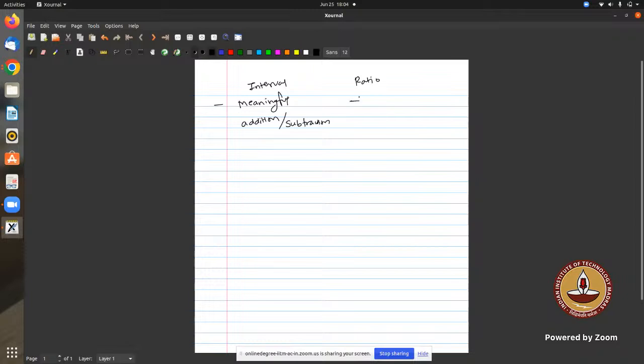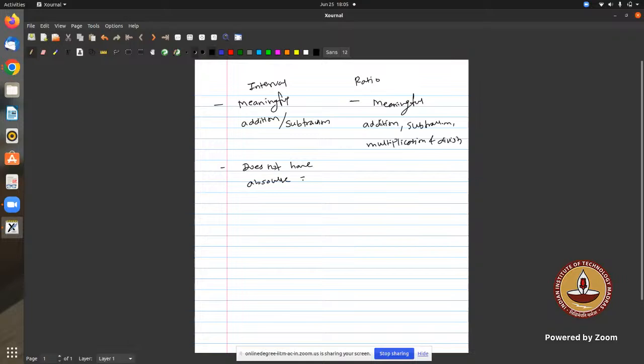For ratio scale of measurement, we will be able to do meaningful addition, subtraction, multiplication and division, so all four arithmetic operations. Correct, sir. Also, interval scale of measurement does not have absolute zero.